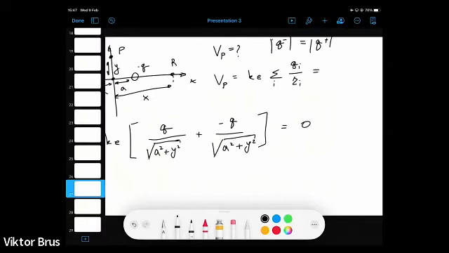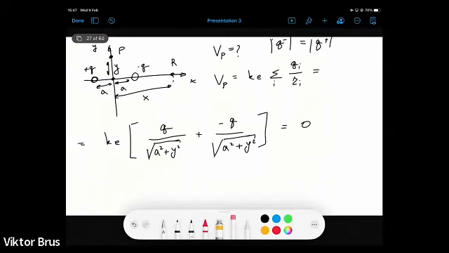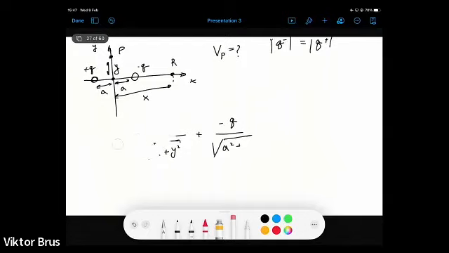Now, let me clean this so we can see the image. Now let us try to determine potential at this point R. The same procedure: we need to get a sum of electrostatic potentials created by both charges.